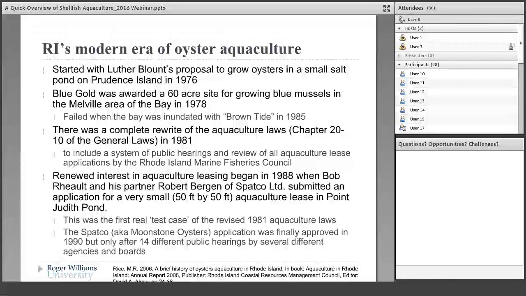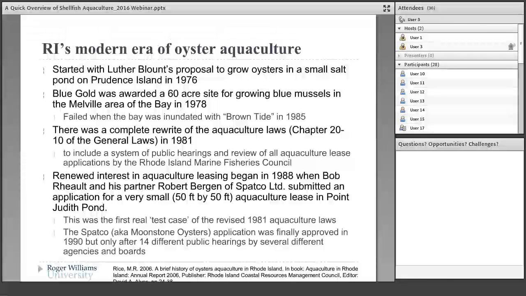And that went along until about 1985 when we had a brown tide event in the state waters, which basically killed most of, if not all of, the blue mussels in the bay, including all of those that were being grown at the Blue Gold site.